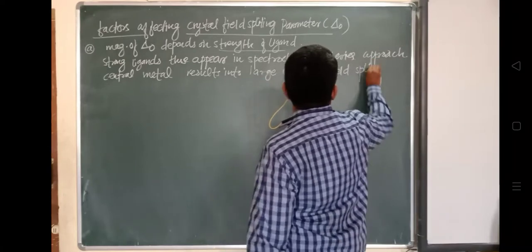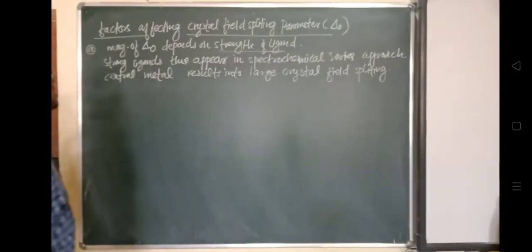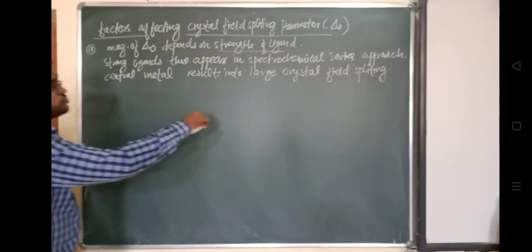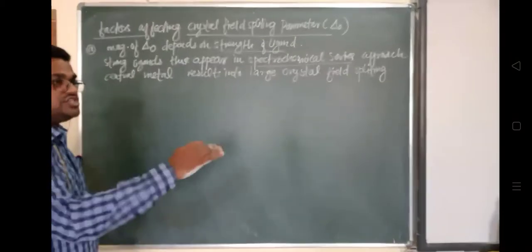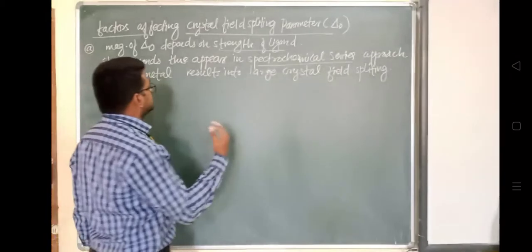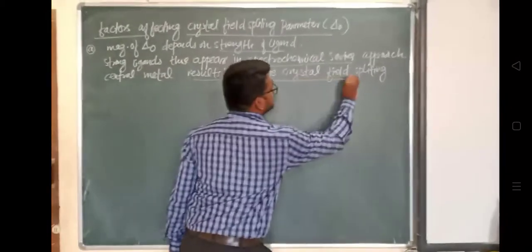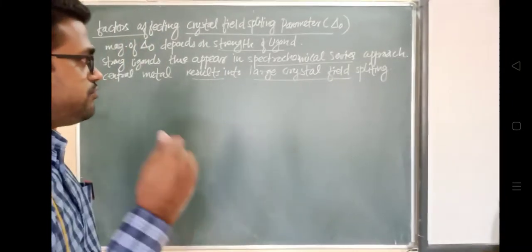So when the strong ligands that appear in the spectrochemical series approach near to the central metal ion, जब वो पास में जाते हैं, so they give rise to, they result in large crystal field splitting.